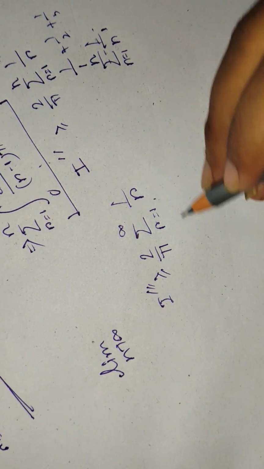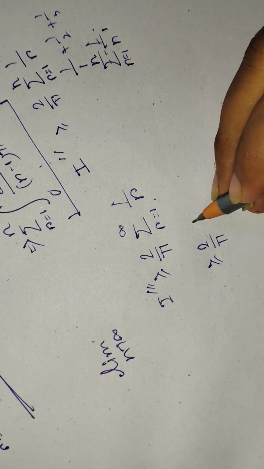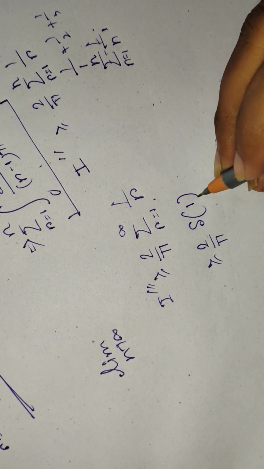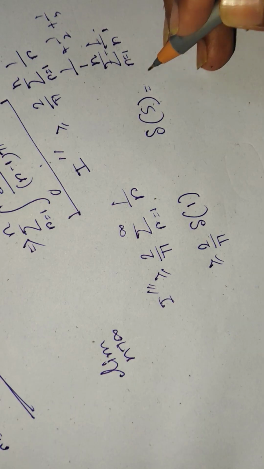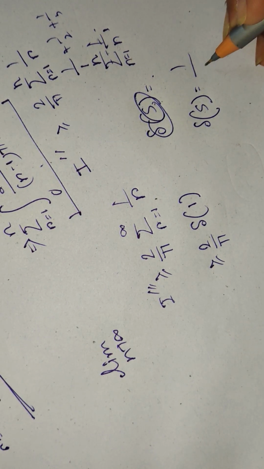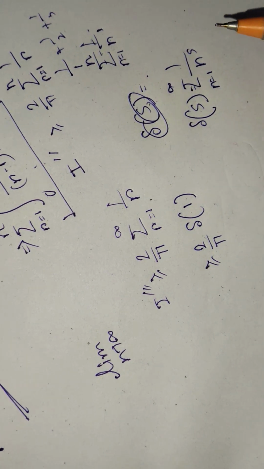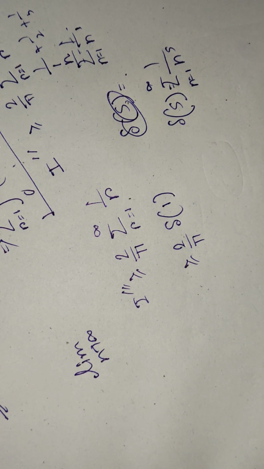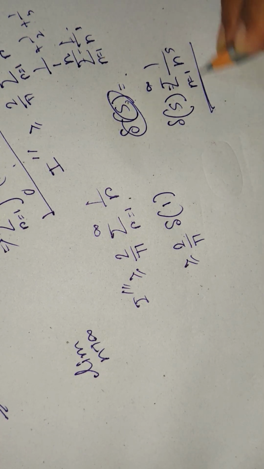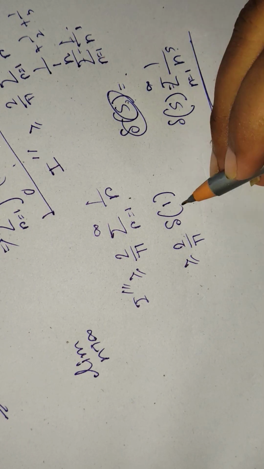Basically this is the zeta function, zeta s, where s is 1. Zeta s is the summation of 1 by n to the power s, n equals 1 to infinity. It is the normal format; it has an integration format or multiple formats. It is called the Riemann zeta function. So s is basically nothing but 1.